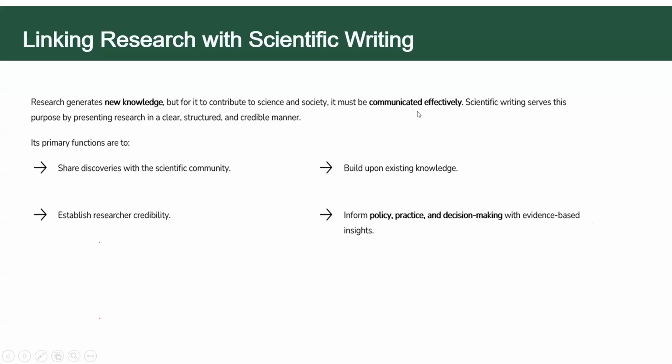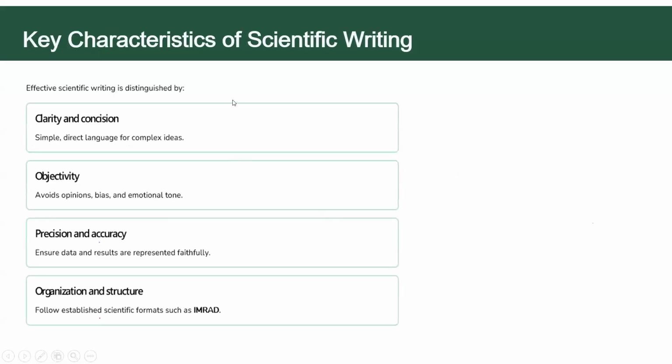As I told earlier, if you have not communicated your research properly, it means you have not done something good. Scientific writing serves this purpose by presenting research in a clear, structured, and credible manner. The purpose of scientific writing is to communicate your research with clarity and concision. These are some of the effective scientific writing points that should be considered while writing.